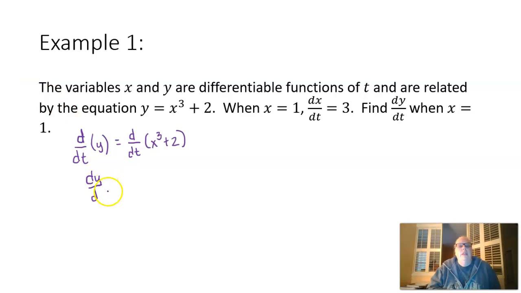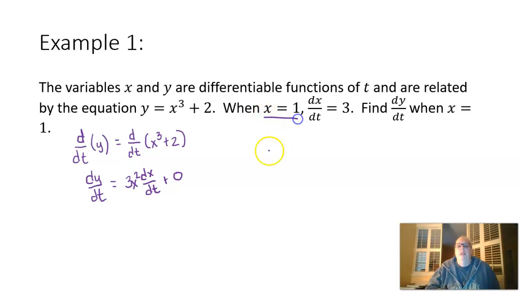Alright, and then on the other side, the derivative of x with respect to t, this is going to be 3x squared, and then using the chain rule, we'll have over here also a dx/dt, and then of course the derivative of 2, that's just going to be a 0 back here. Okay, so now that we have this equation, we just need to fill in the parts.